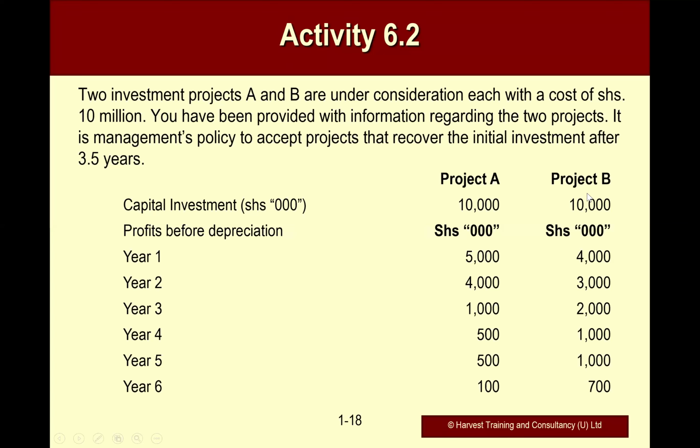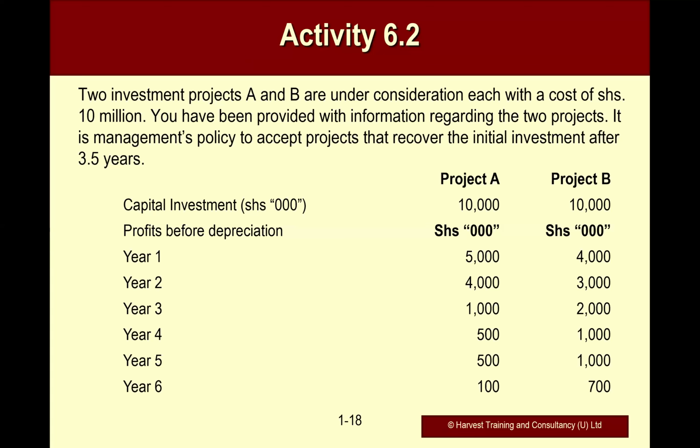So you have project A and project B. You don't need to write this because I have this information in the solution. Let's not write, to save a lot of our time.